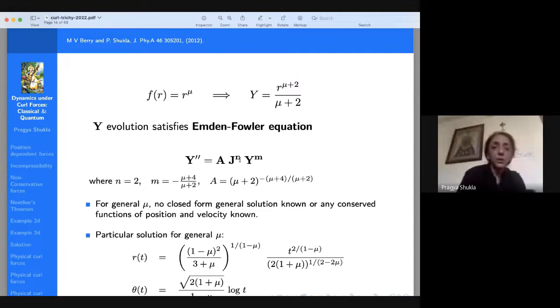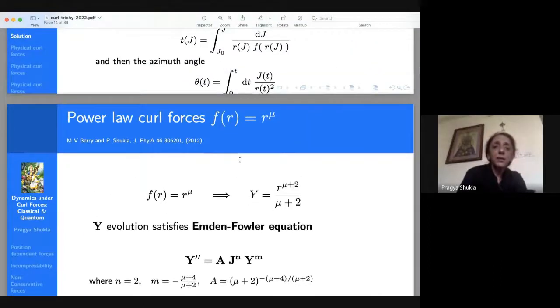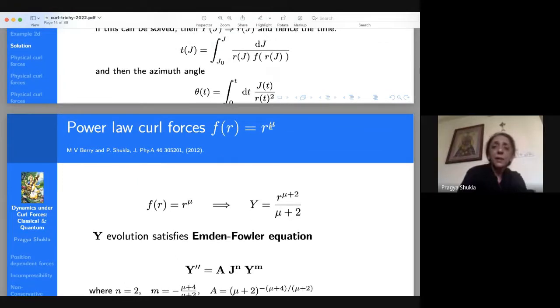Okay, so the details can be found, and I encourage the students to take it further and consider further solutions. Also, please note we are considering a very special case, the power law only, where the force is a power law, but actually you can come up with much more difficult combinations or magnitudes of the curl forces, and then study what new kind of intricacies and dynamics they can lead to.